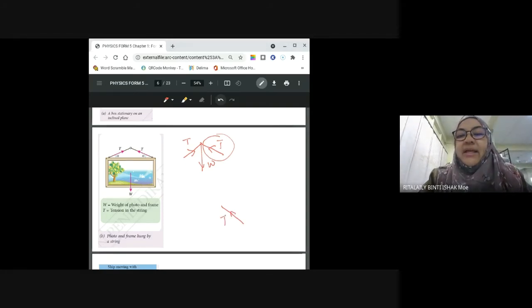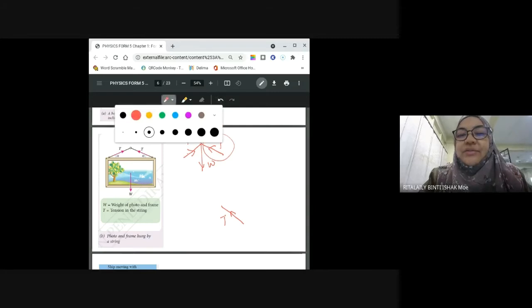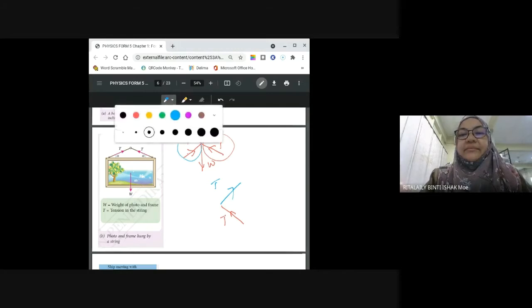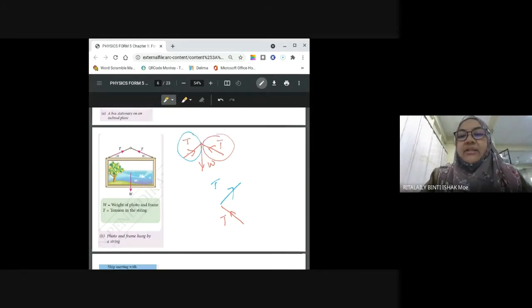And then I take this one. I use a different color. Let's take blue. Okay, this one here. This is T. Okay, and then W, I shift it here. Okay, boleh follow?